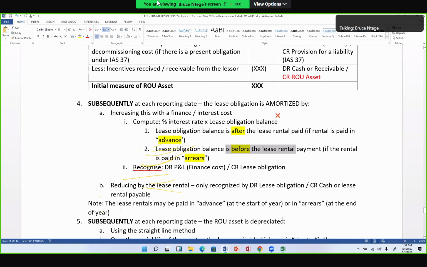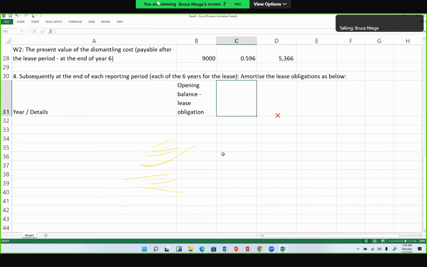That's why I prefer to have the finance cost column coming up here, before the lease rental paid, because the rent is paid in arrears.